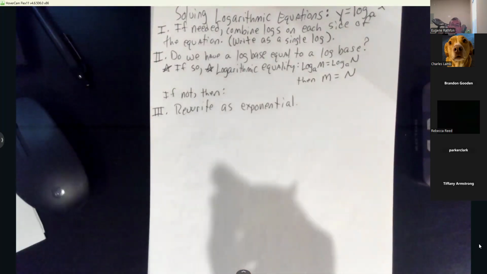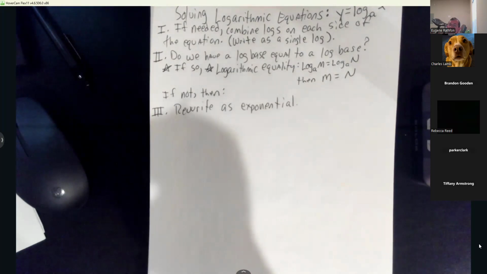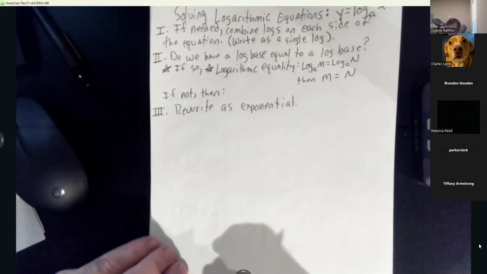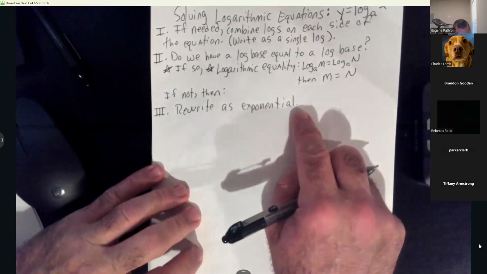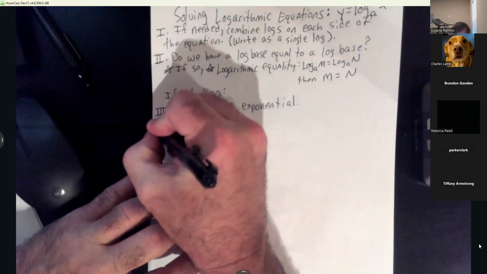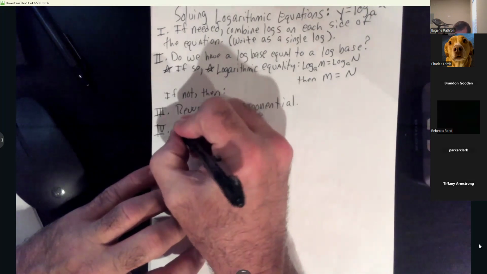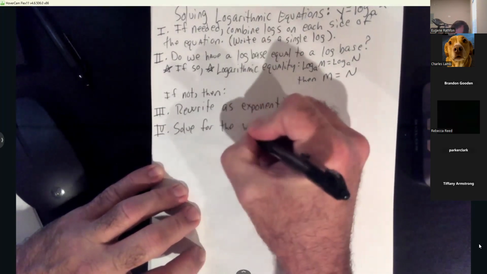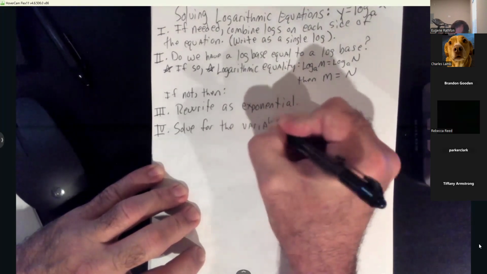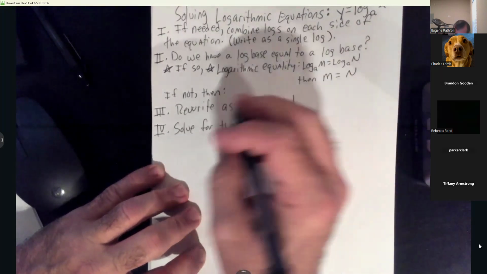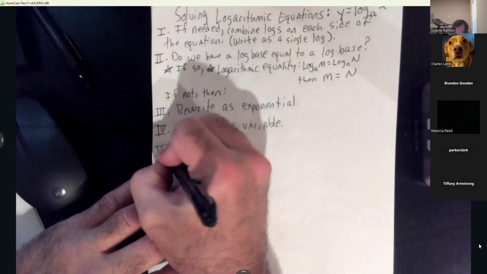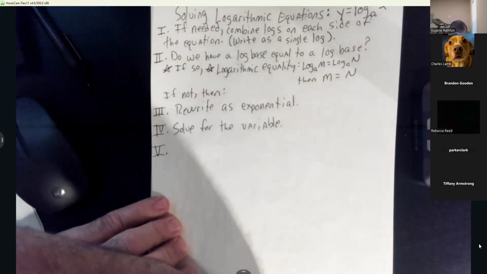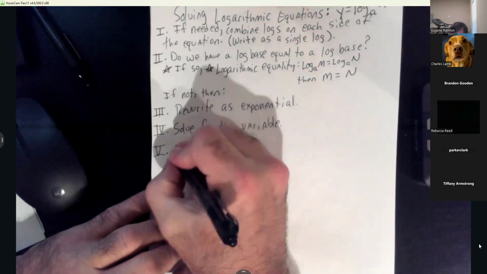So this is why you had to learn how to rewrite from logarithmic to exponential, okay? So we're going to rewrite these as exponential. We're then going to solve for the variable. Now, it's very important on logarithmic equations that you check if needed.